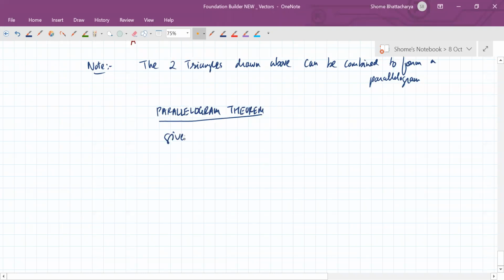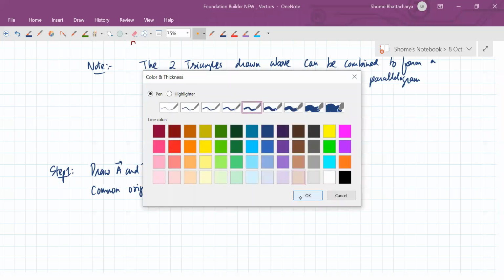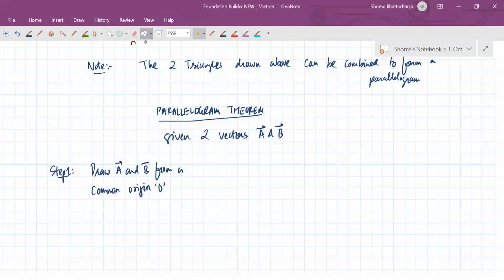So given two vectors, let's say a and b, step one is that we draw the vectors from a common origin, let's say O. So given those two vectors above, instead of drawing them head to tail, first step is we draw them from a common origin.